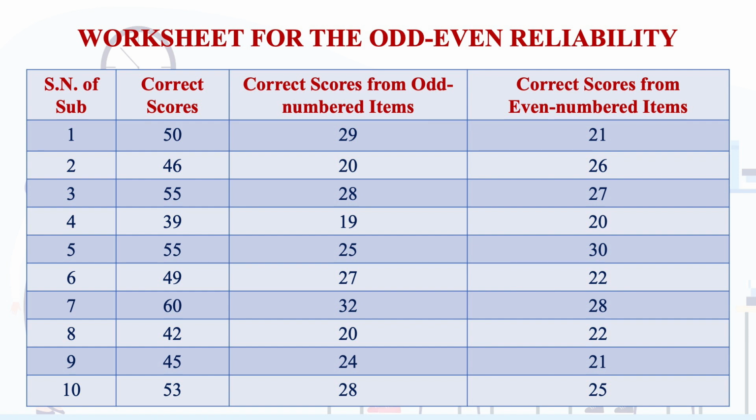Then accordingly you have to split the total score into two equal halves. So in this way you can find out two groups of scores. So earlier from one group of scores you just made two groups. So here you have to make the whole score into two equal halves. Okay, and after doing this, then you have to use the formula. Okay, so that is called the reliability of the whole test.